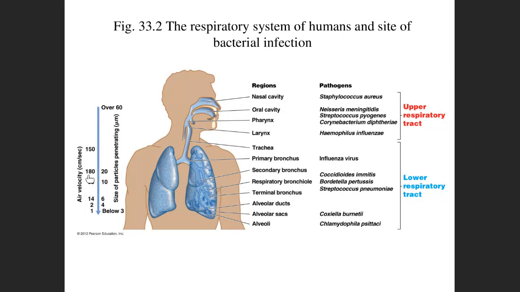And this is actually very, very fast. This is measured in centimeters, so 150 centimeters per second. And this side is the particle size. The bigger the particle, the more likely it gets trapped, right? So a 20 micron particle gets trapped here, but anything less than 3 micron will actually have a chance of getting through all the traps and into the lung itself.